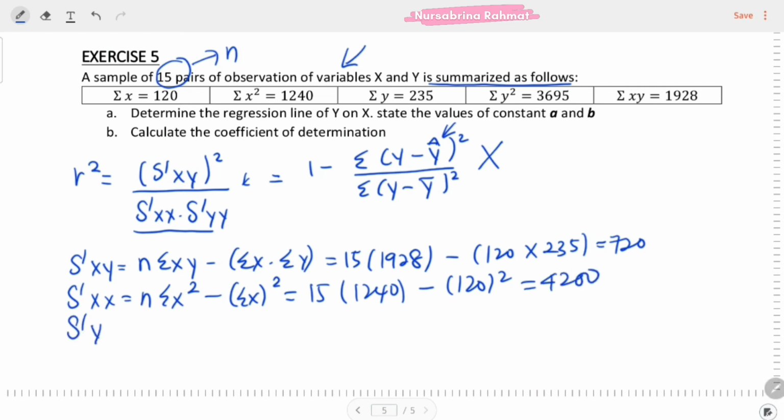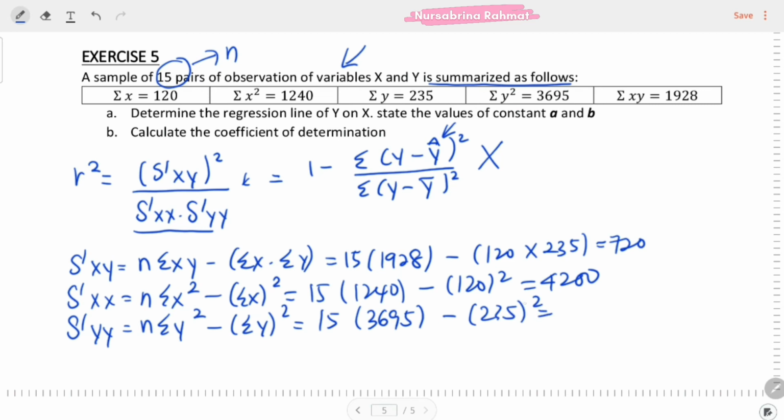And then s prime yy, so n sum of y square minus sum of y, squared. So 15 multiplied with 3695, minus 235 square, which equals 200.